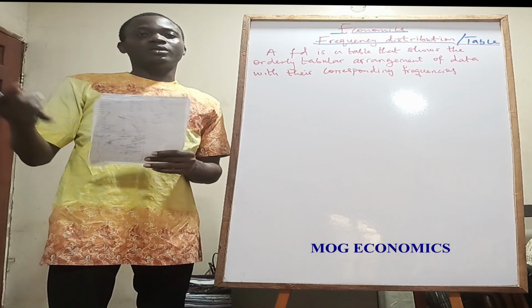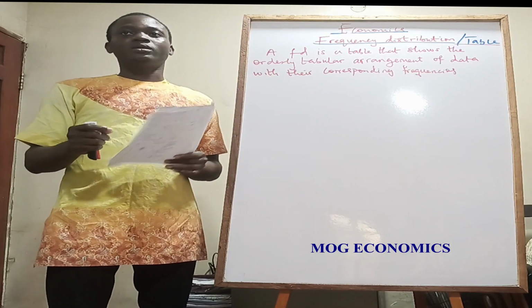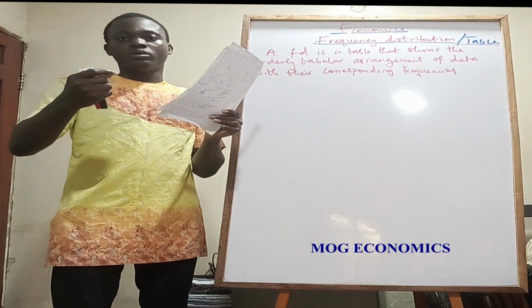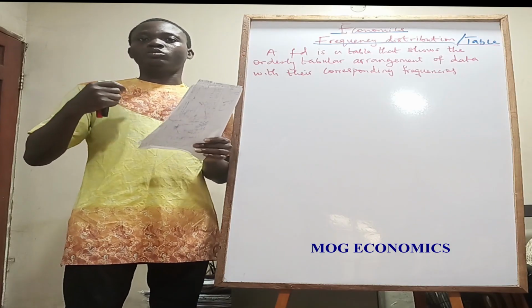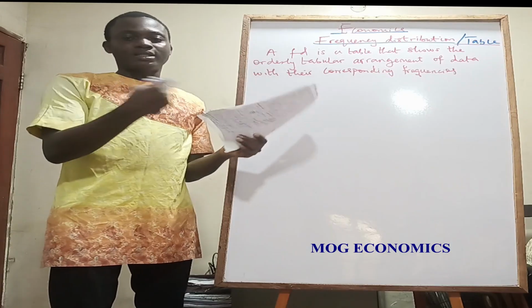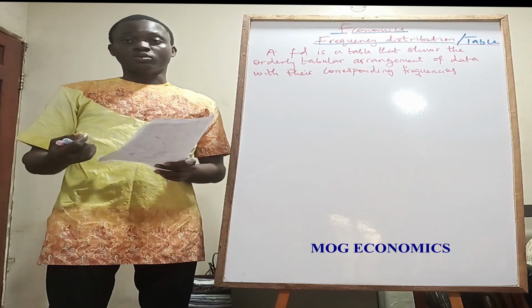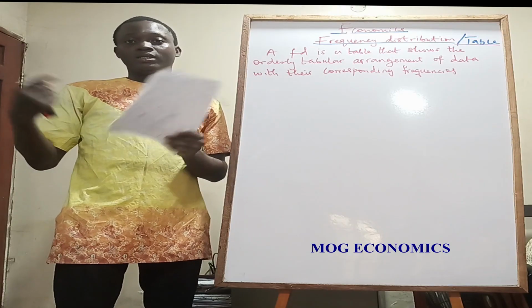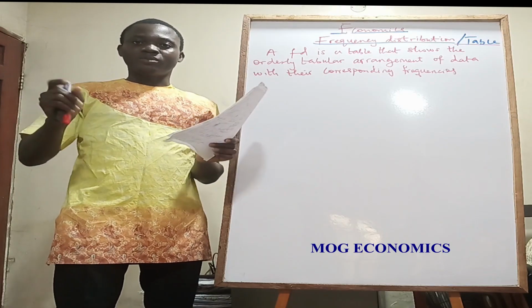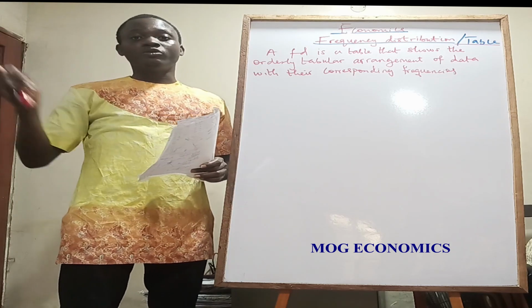The other branch of statistics is inferential statistics, right? That's a branch of statistics that draws conclusions from the sample to talk about the population. Like the example I gave, from your sample we've seen that 18 to 24 year olds are more than any other group. Is that reflective of what is in the population, if you check the entire number of people in Nigeria?